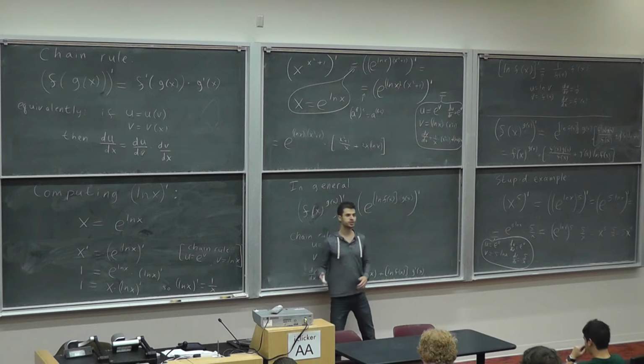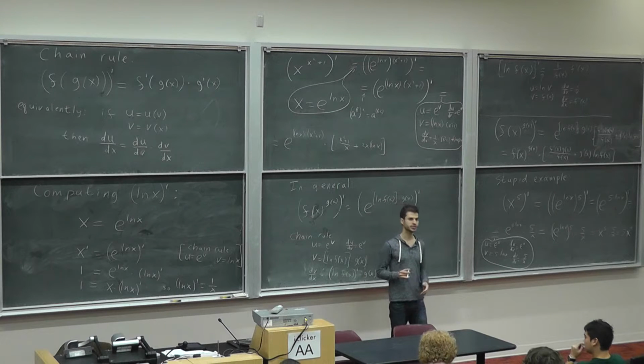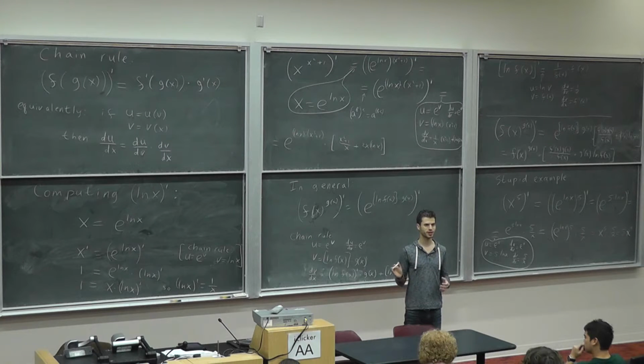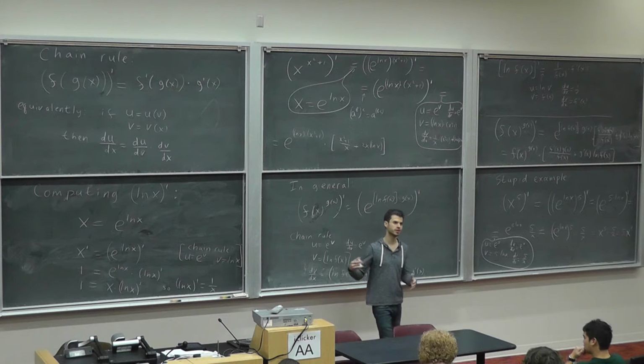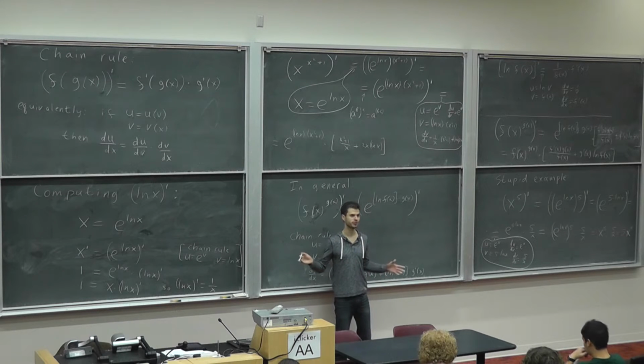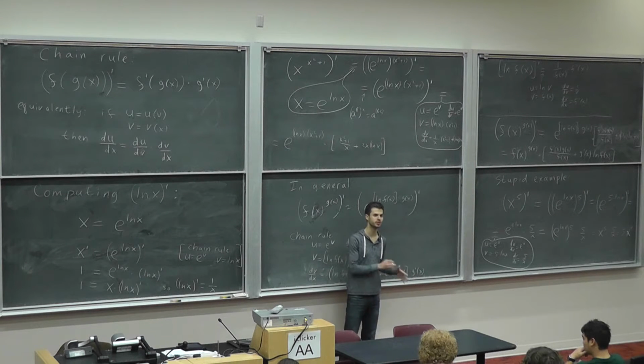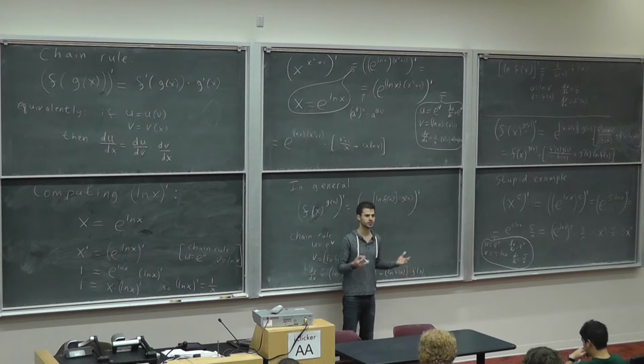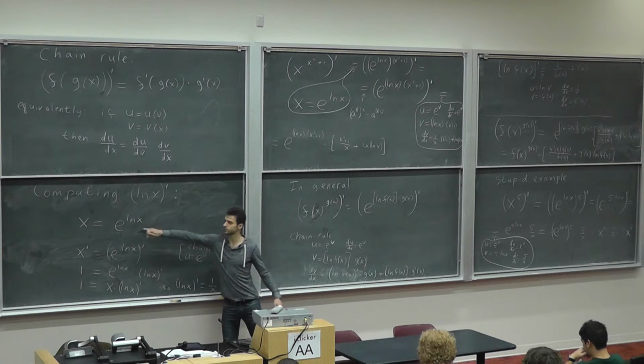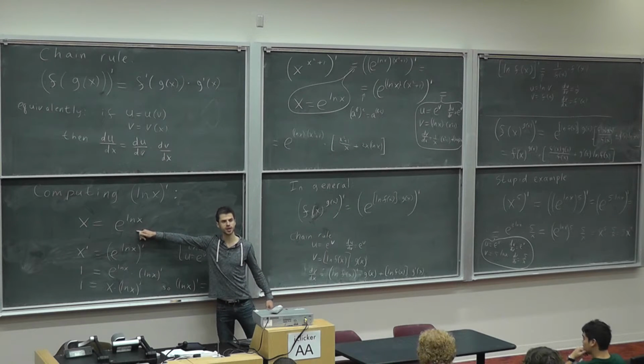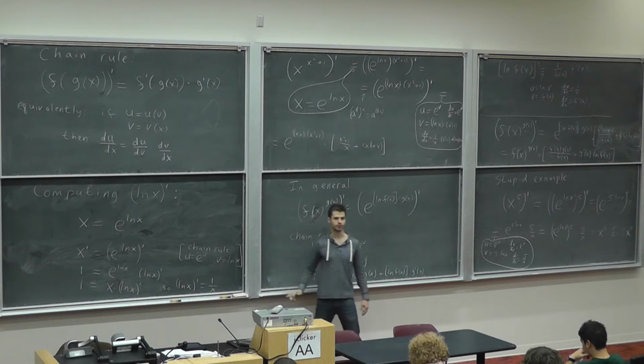So the fact that the derivative of logarithm of x is 1 over x, well, it's not something that has to be re-derived from first principles or has to be predicted or something like this. It's a simple consequence of the definition of what logarithm of x is and the chain rule.